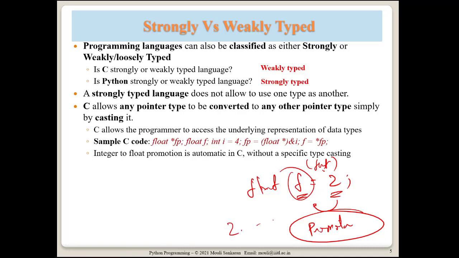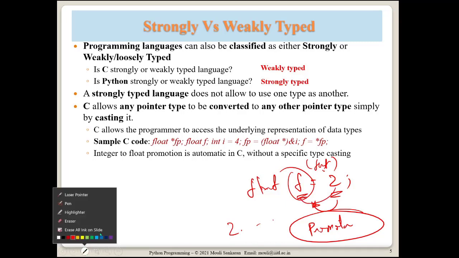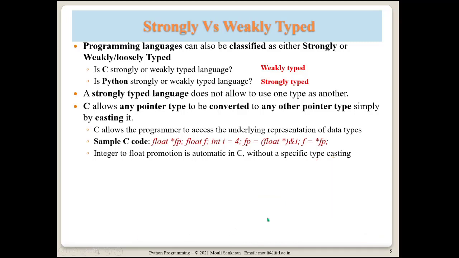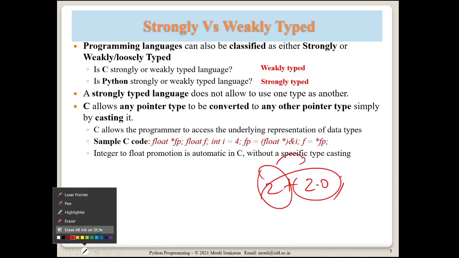So it allows you to assign an integer to a floating point variable, and quietly it takes it, and you can even pass across the parameters. Even if you do operations like 2 plus 2.0, it is promoted to float, and then the job is done. So this is also there.